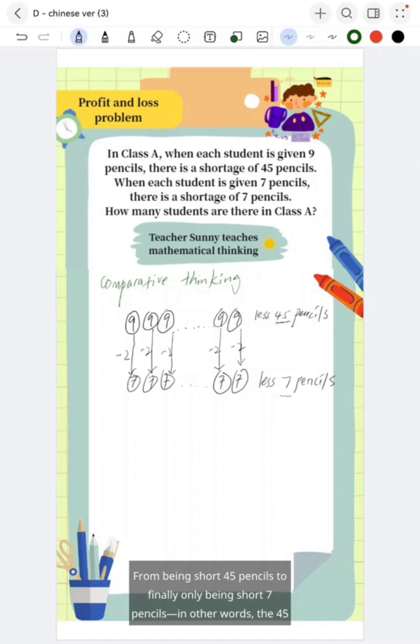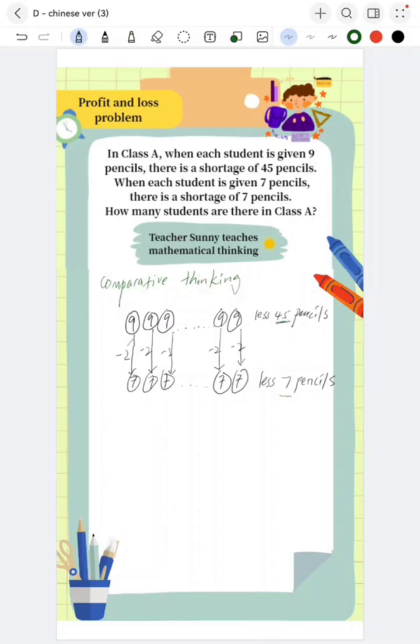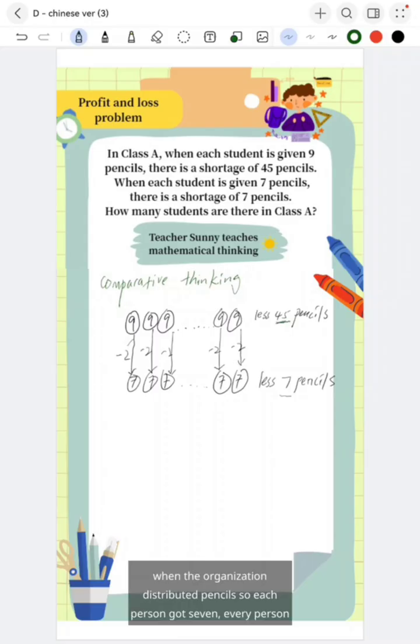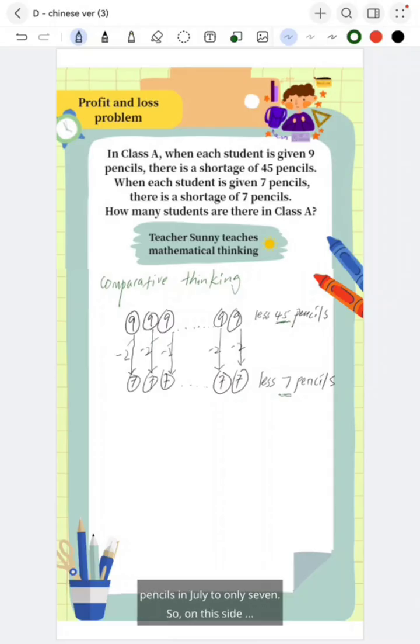In other words, the 45 pencils that were missing have decreased in each step. When each person got 7, every person saved 2 pencils each time. That's why the shortage decreased from 45 pencils to only 7.